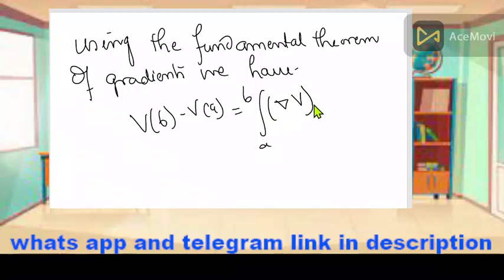In place of E we write del V, which is the gradient of a scalar quantity called the potential. Now you can call V the potential. This is nothing but E.